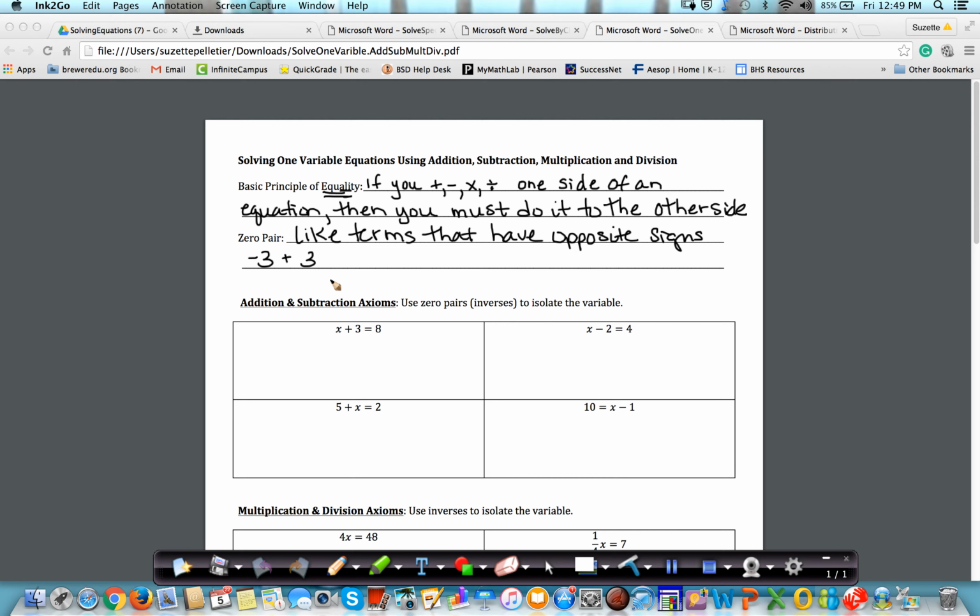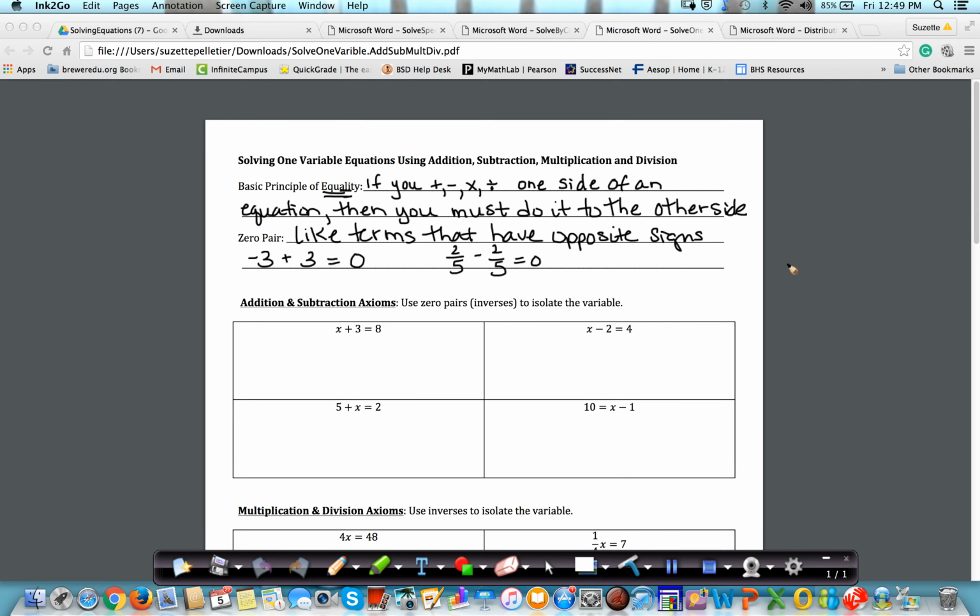What happens when you take -3 and combine it with a +3? You get a 0. So we call this a zero pair. If I add them together, I'm going to get a 0. Another zero pair might be 2/5 and -2/5. Again, +2/5 and -2/5 is going to give me a 0. So those are zero pairs, okay?